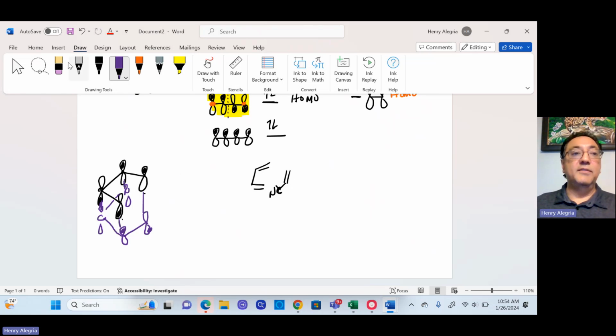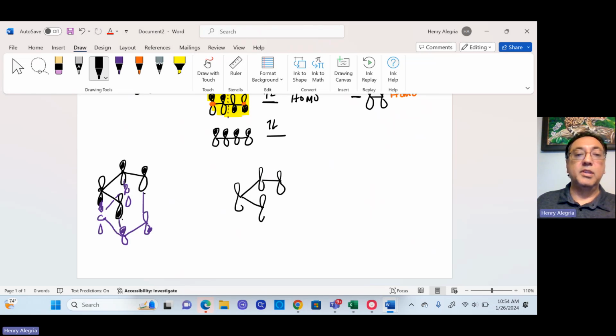Now the alternative would be the following orientation. So I have my diene, just like that. Really bad at showing these things. So shaded up, shaded down.